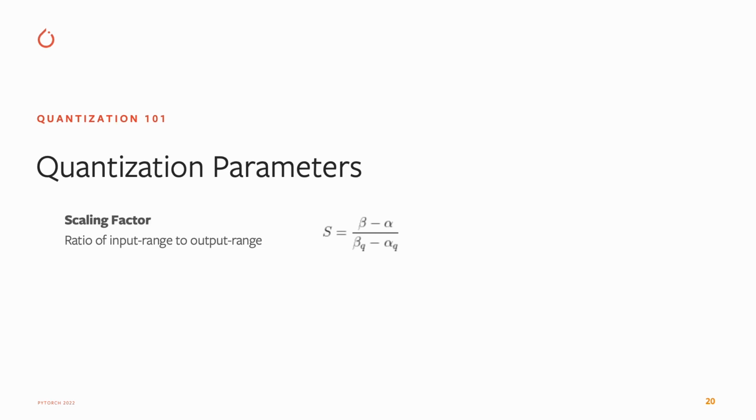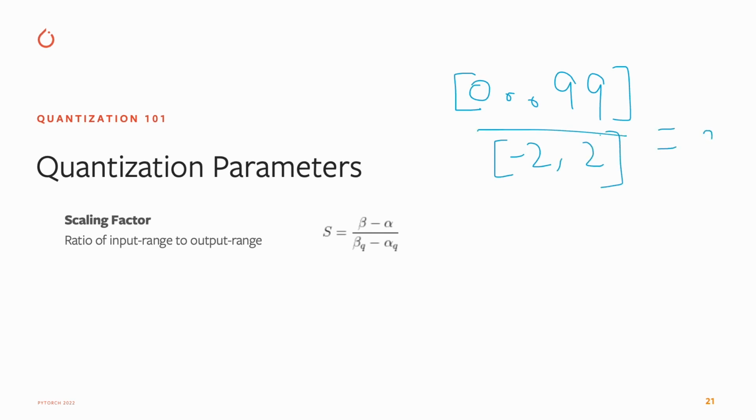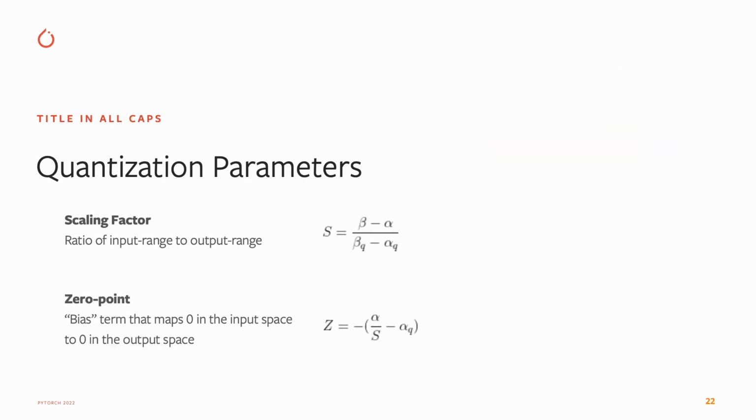For example, if you took values between 0 to 99, that is 100 different values, and your output supports only 5 values, let's say from -2 to 2, then the scaling factor is 100 divided by 5, that is 20. The zero point is the offset term. It adjusts the mapping so that a 0 in the input space maps perfectly to a 0 in the output space.